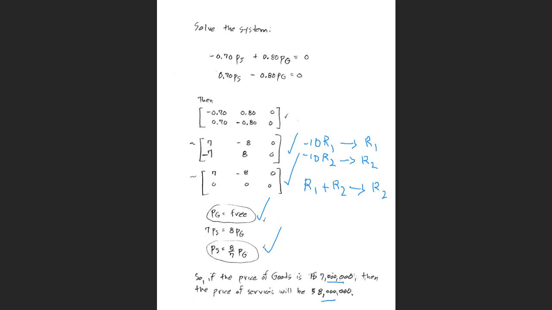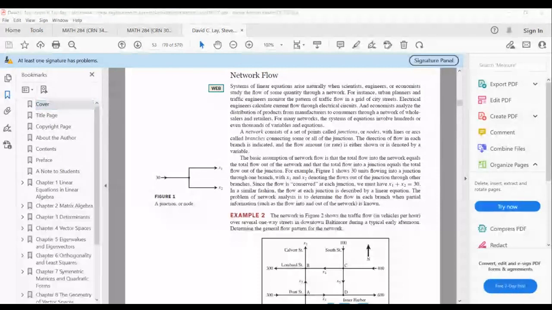Another application. This is an engineering application that you'll see, and I'm going to let you look at this second example. It has to do with network flow, and there's a lot of applications for network flow.